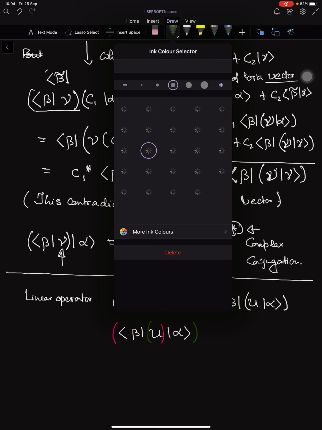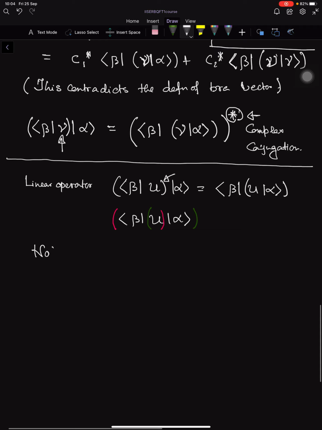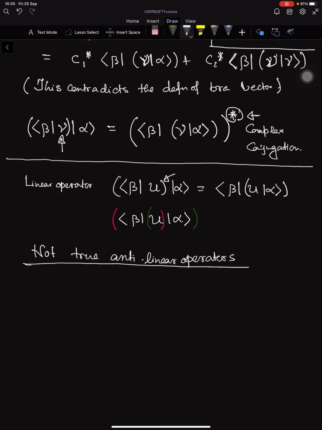But this is not true for antilinear operators. That's why I often say that the bracket notation is not good for antilinear operators.